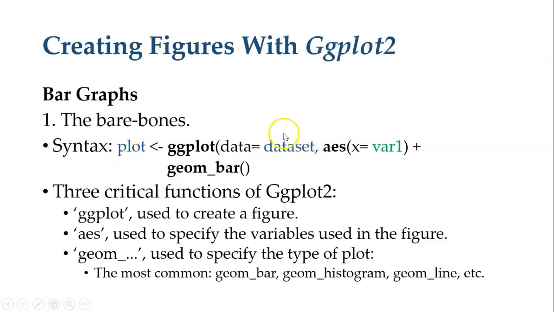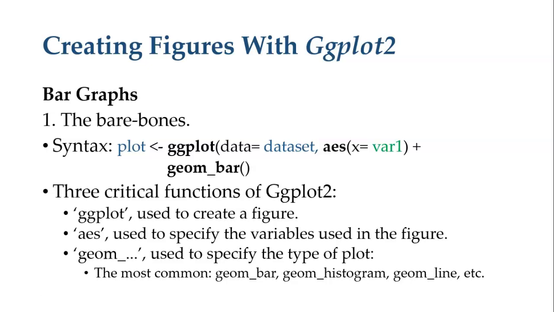And you have this other object that is your dataset, the dataset that you're using. You have your variables, and something that is very important in this syntax, the basic syntax used, for instance, to prepare a bar graph. This function called ggplot is the main function of ggplot, and is used to create the ggplot object.